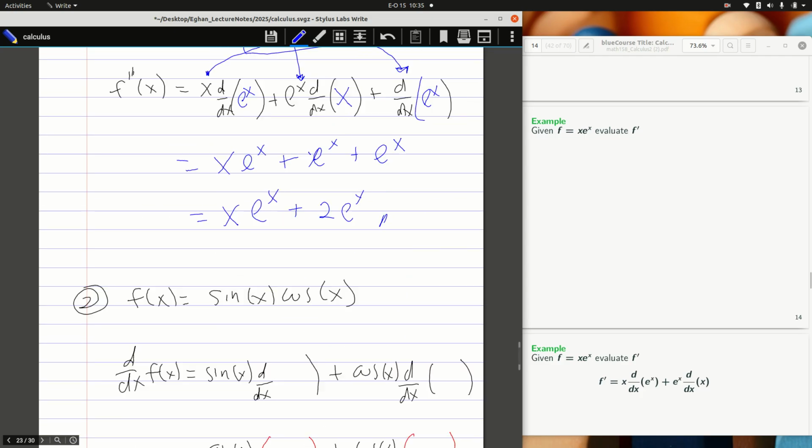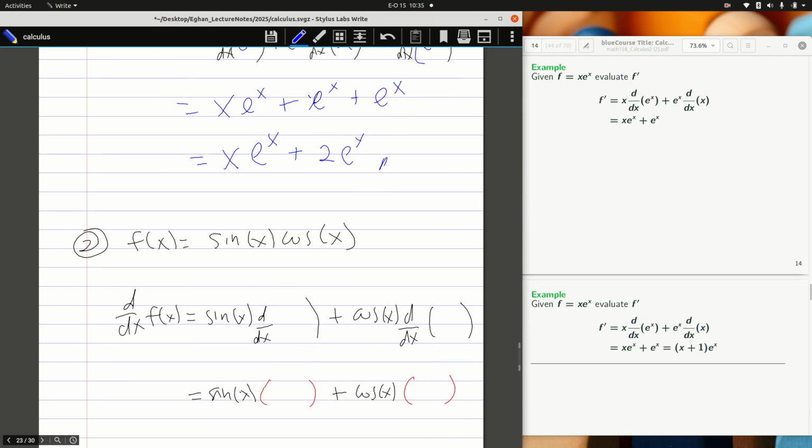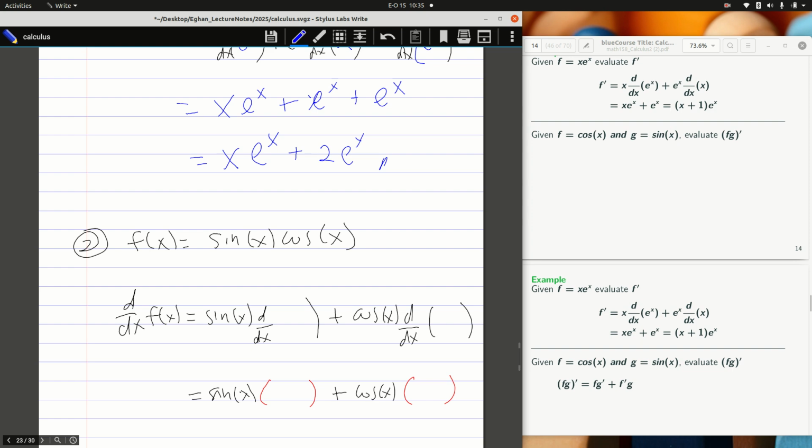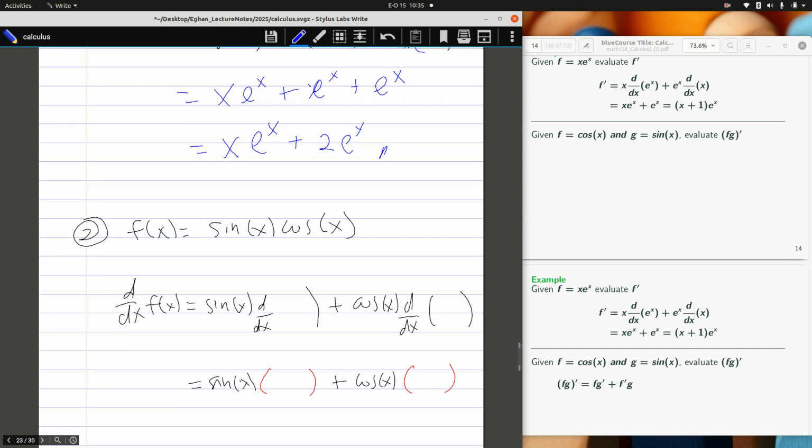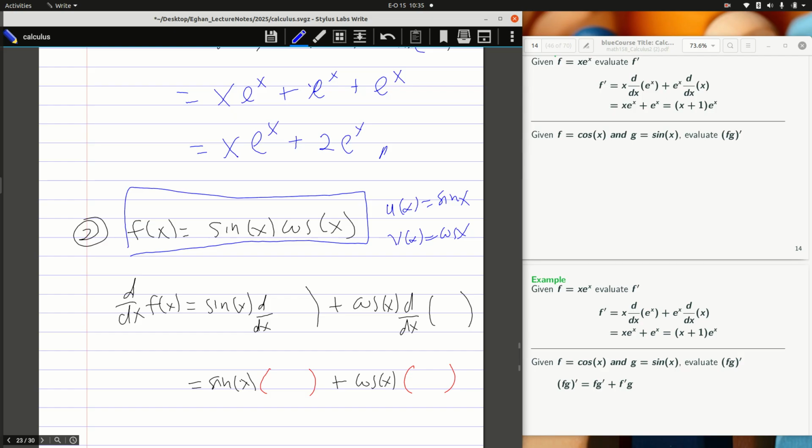The second example, example 2, I have a function given as sine x and then cos x. Why is it a product rule? I have my u of x as sine and I have my v of x as cos, and because they are multiplying with the same variable of interest, I have to use a product rule.